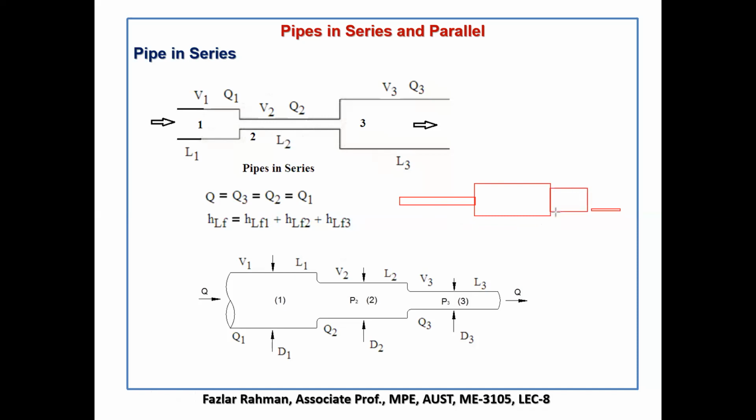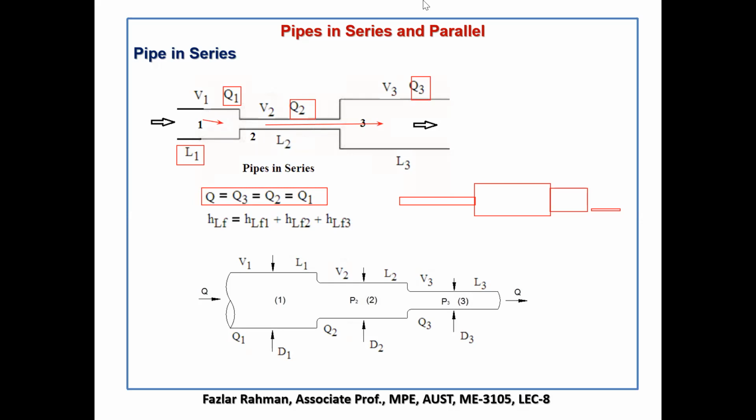Okay. So all the segments have different lengths, like this is L1, and the same amount of fluid is going through the different sections. If this is Q1, this will also be Q2, this is Q3. So all the Q has to be the same because the same amount of fluid is passing through the segments of the pipe.